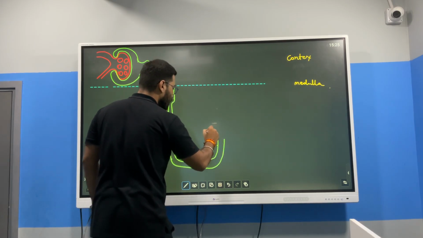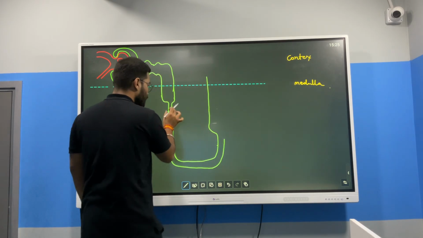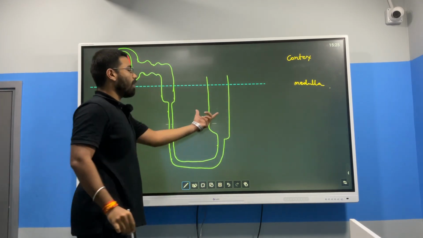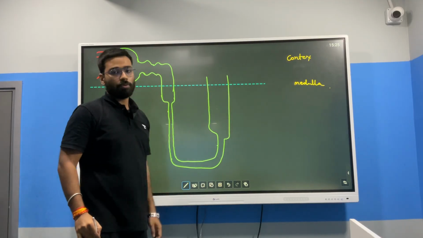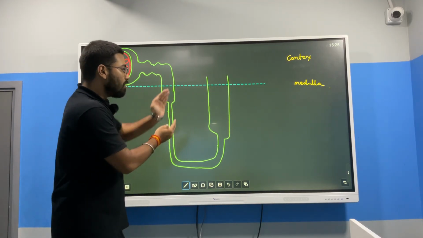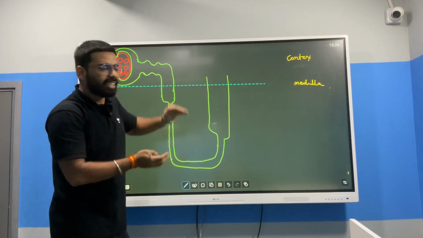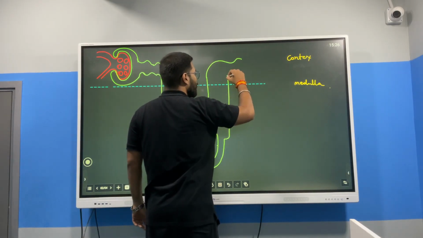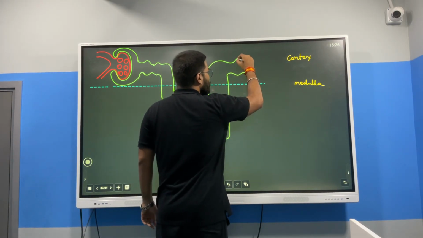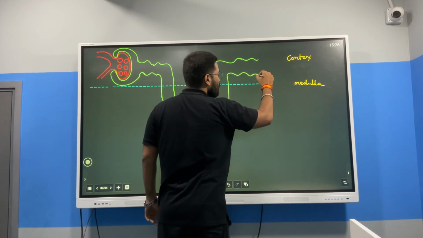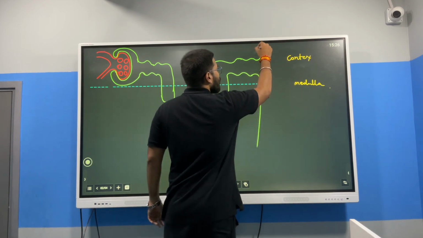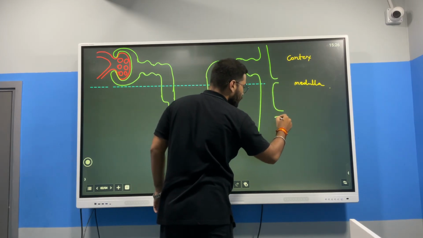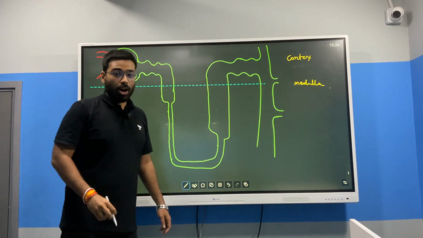The thick part of the ascending limb of the loop of Henle is a little bit lengthier than the descending limb, followed by the DCT, which opens into a collecting duct. Understood?